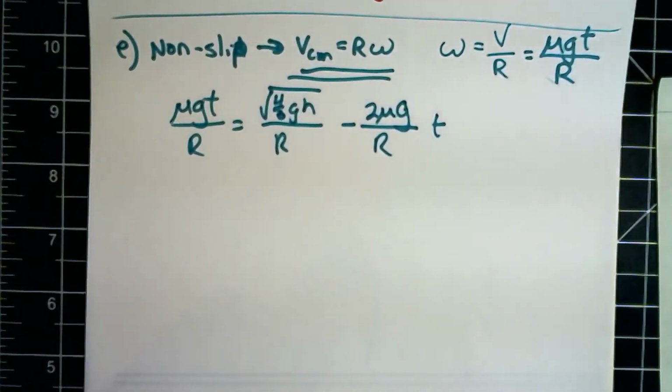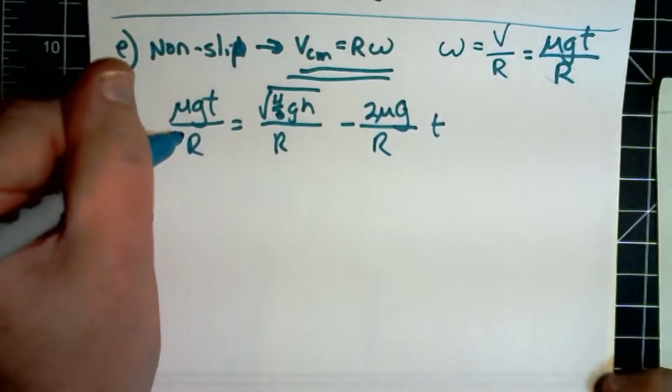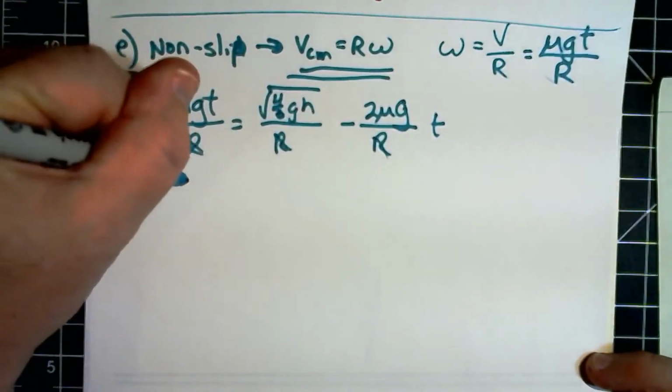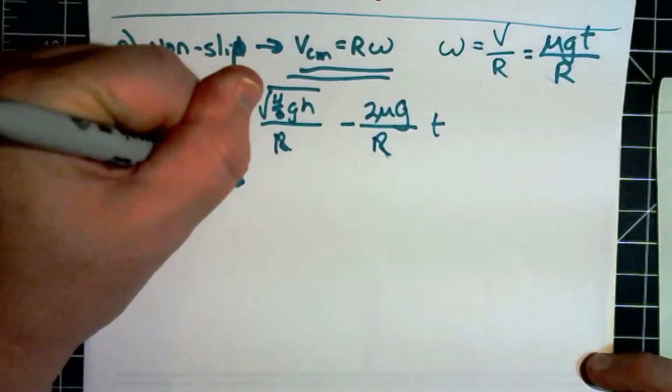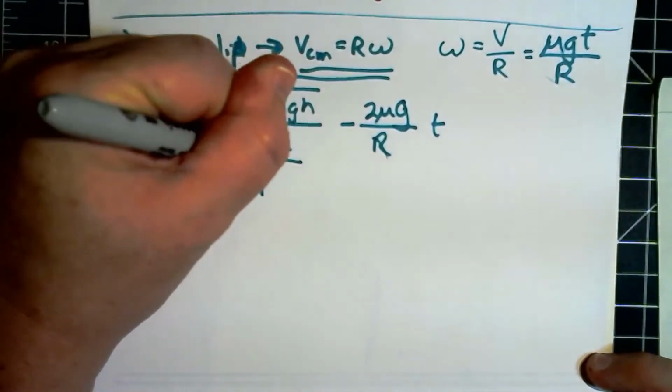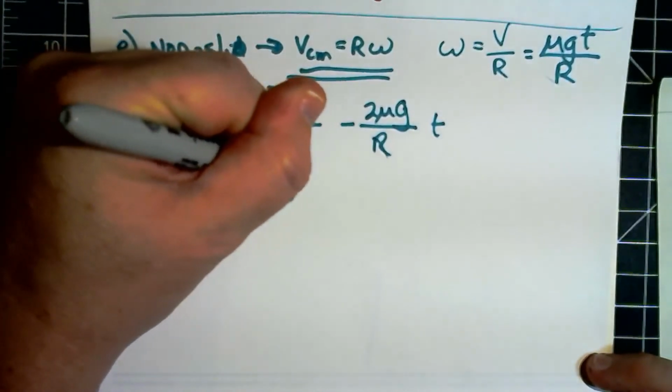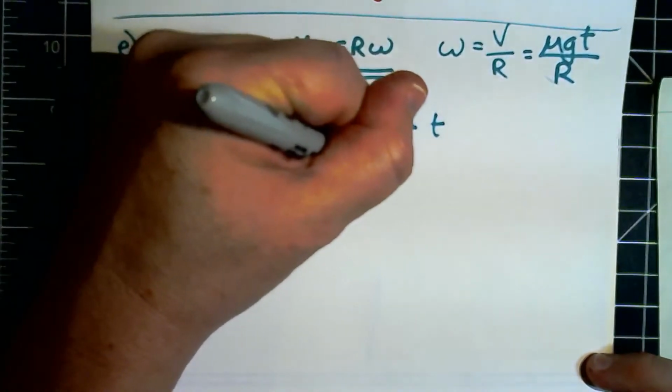Right, so immediately you can see that it gets easier because the r terms cancel, right? So all these r terms cancel, and so we have mu gt is equal to root 4/3 gh minus 2 mu gt.